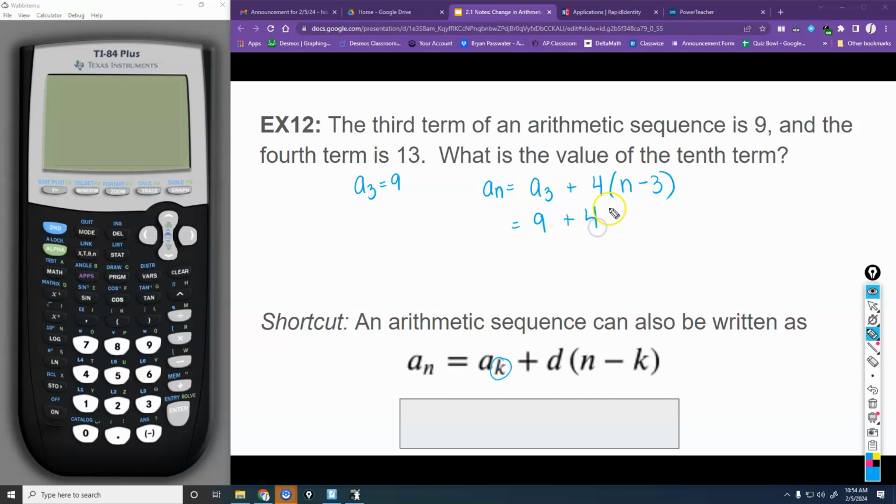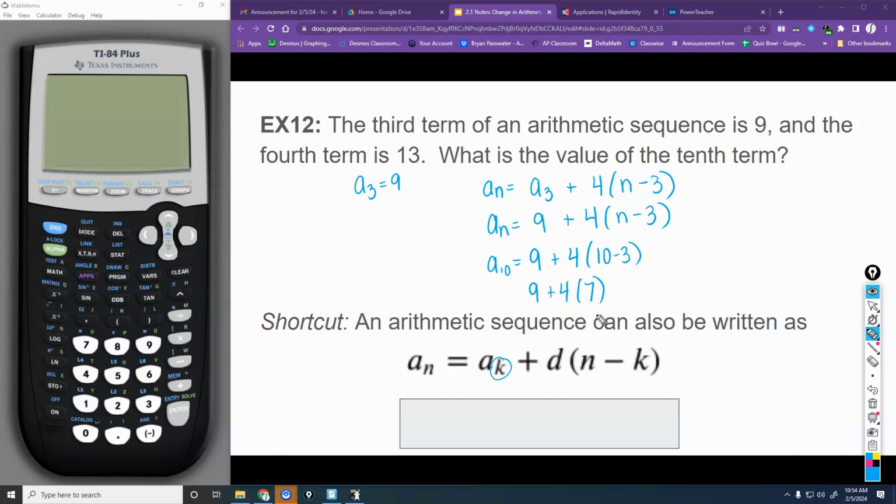So that could be my equation. And if I want to know a sub 10, I would just plug in 10. So I'd get 9 plus 4 times 10 minus 3, so 9 plus 4 times 7.